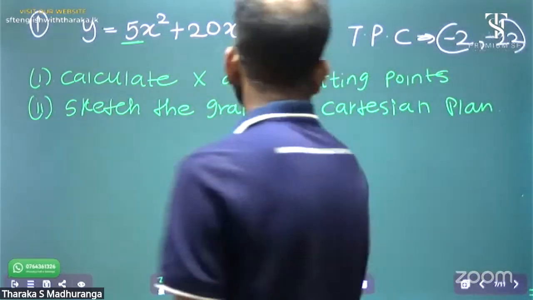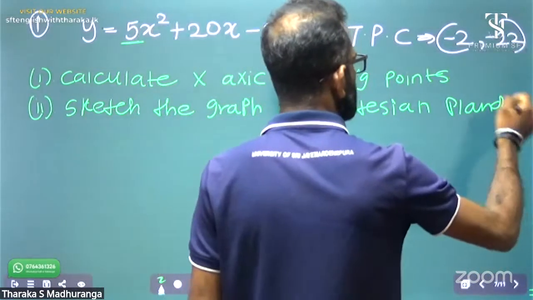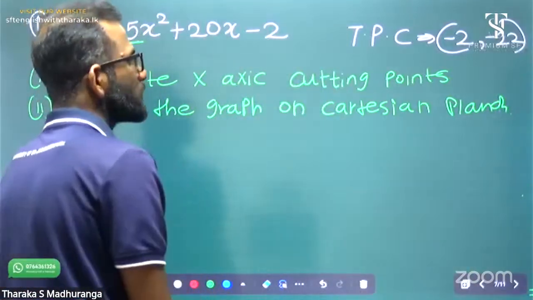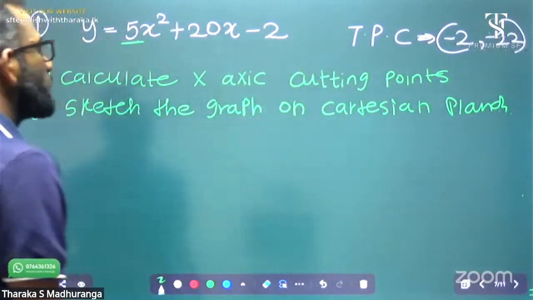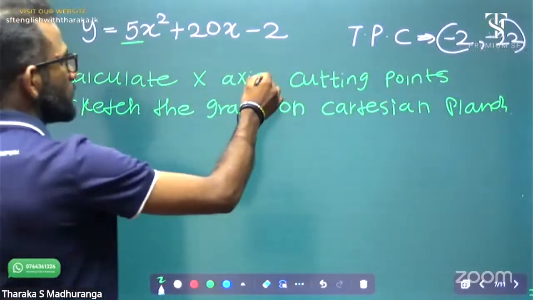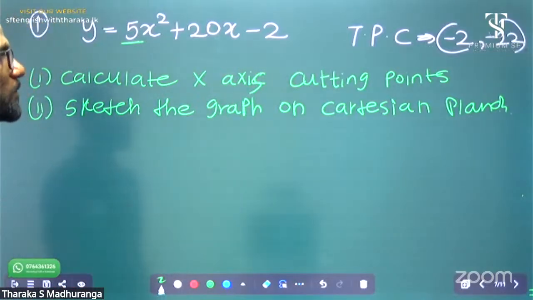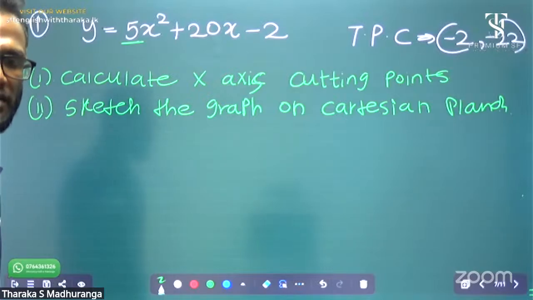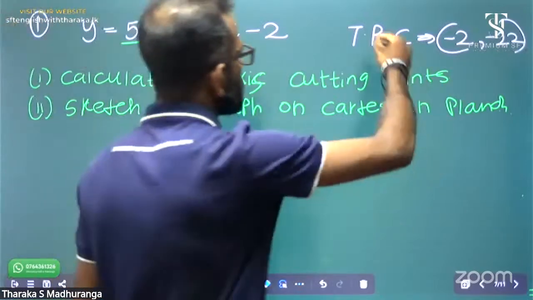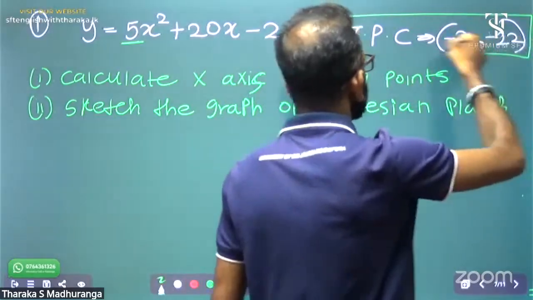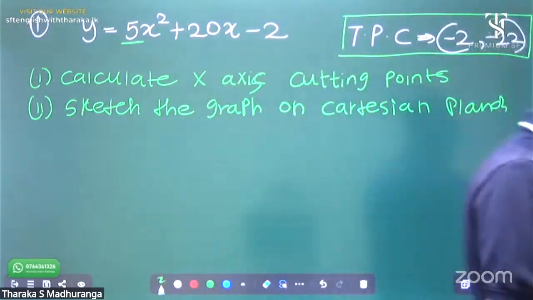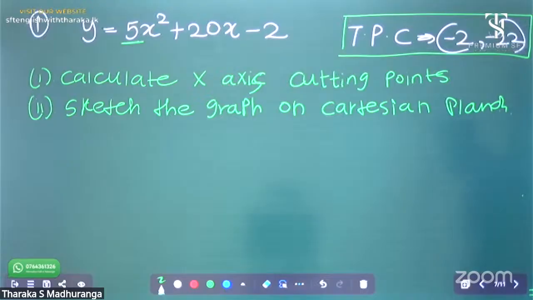That's your Cartesian plane. Okay, that's the question. Calculate the x-axis cutting points and sketch the graph on the Cartesian plane. Hurry. Turning point coordinates are given. This is question number 1. Very simple.